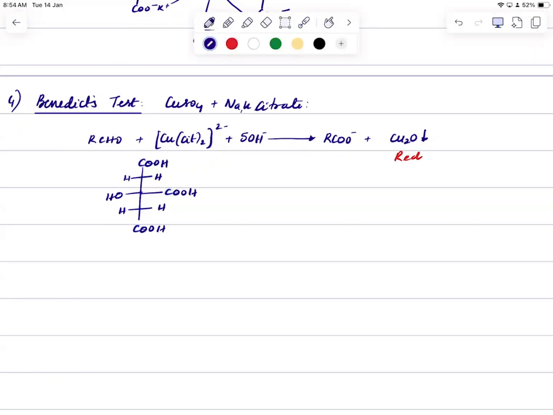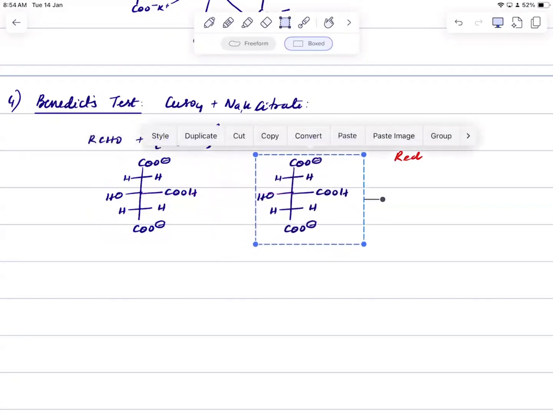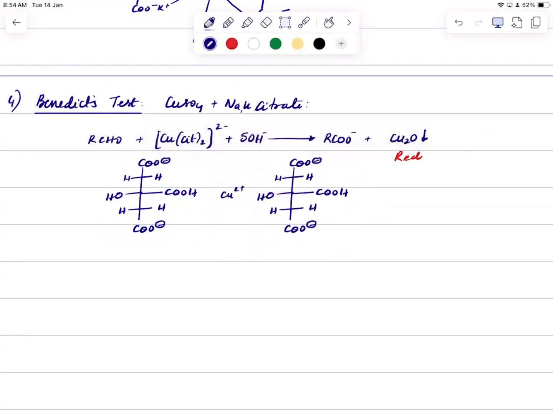Clear? I don't have the exact notation of how the structure looks. Here also it is in a complex form with CO- and CO-, and copper 2+ will also have some connections like this. Possibly it may not be from COOH, but the coordination number is the same. You will not be asked exactly where the connection comes from, but you should know that here also the copper has coordination number 4.